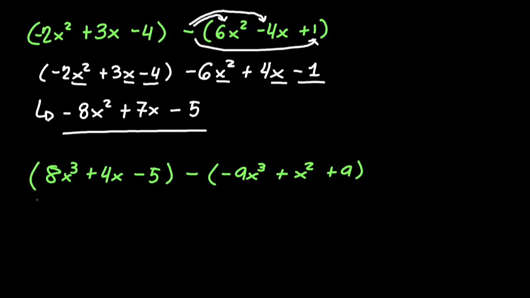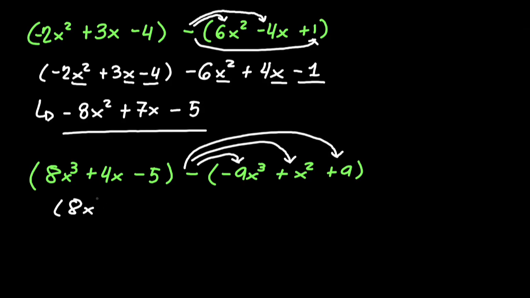Eight x cubed plus 4x minus 5. Subtract it from negative 9x cubed plus x squared plus 9. So what you're going to do again is to distribute the negative sign out of this parenthesis. So it would be 8x cubed plus 4x minus 5.